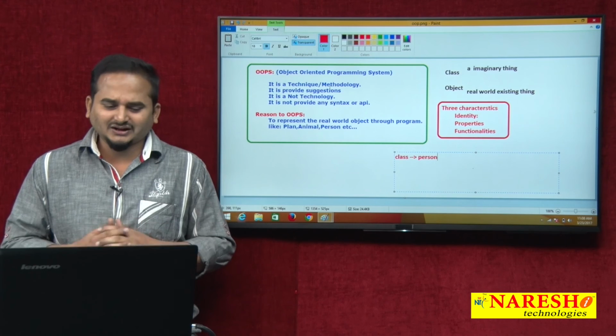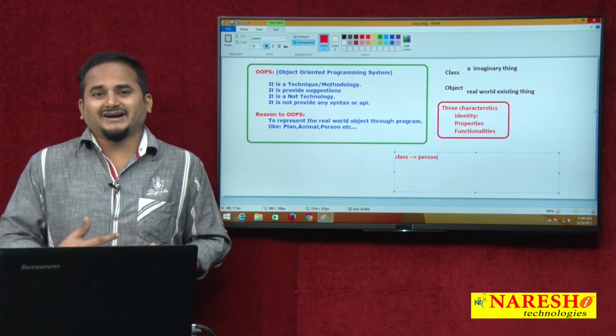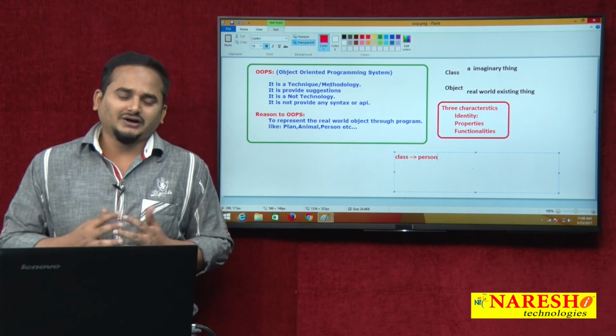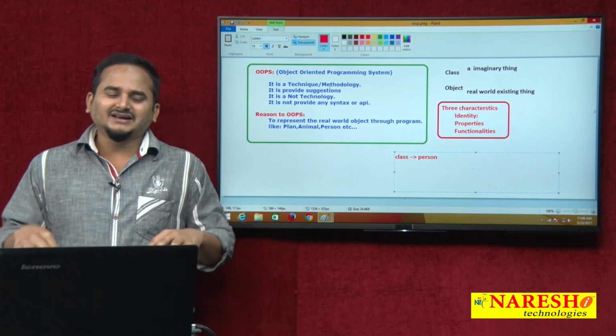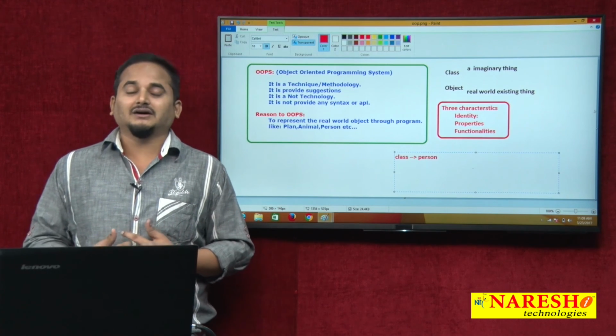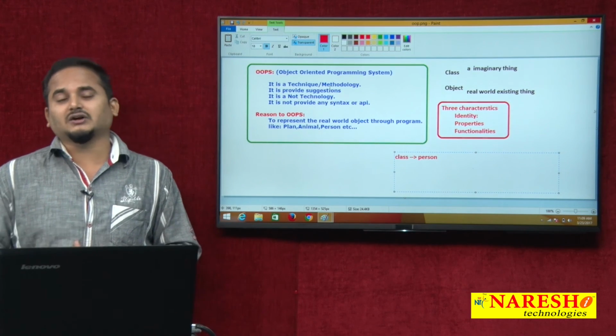If there is no terminology like approach, there is no terminology like structure oriented and object oriented. So the thing which feels imaginary comes under class. The thing which exists in the real world comes under object.